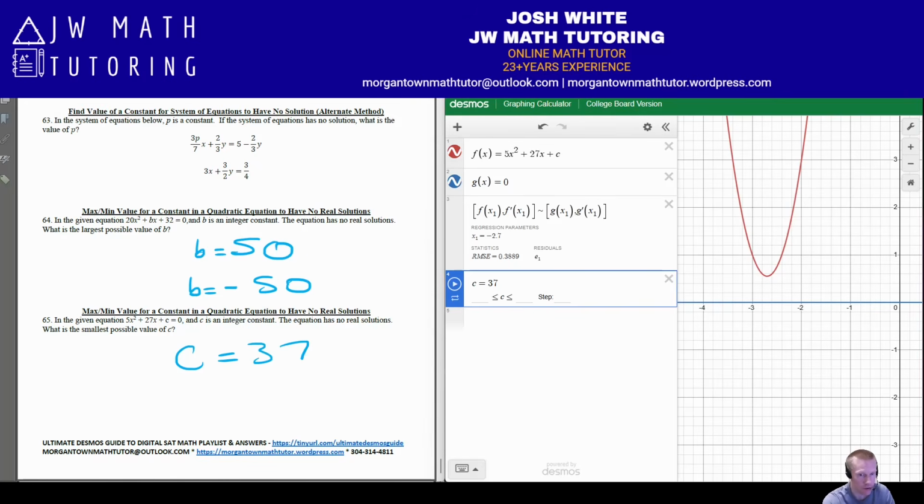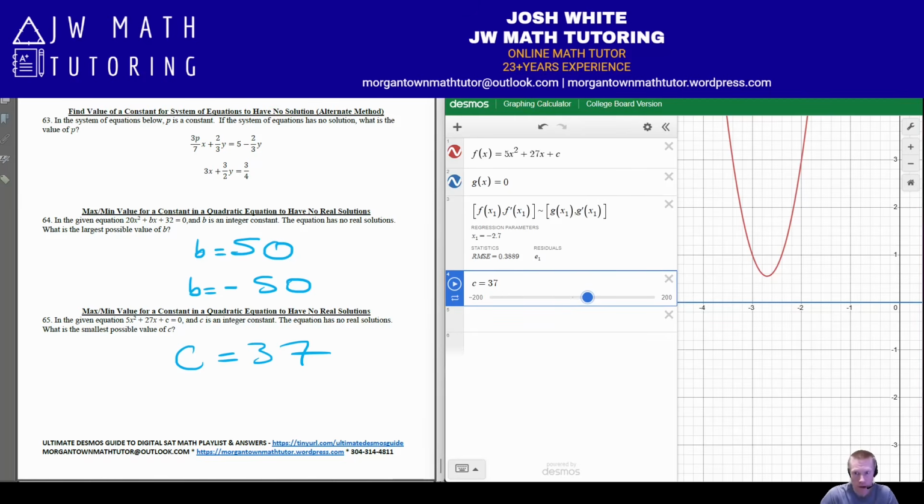And so here's the difference between b and c when solving for them in this type of problem. When you're solving for c, we have this slider here. Let's say I bump it from negative 200 to 200 and set the step value at 1.